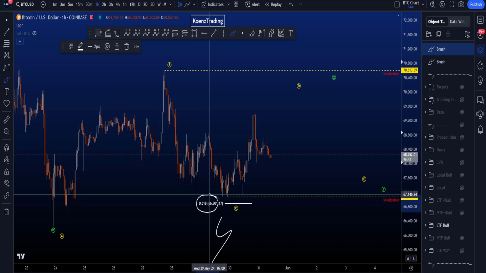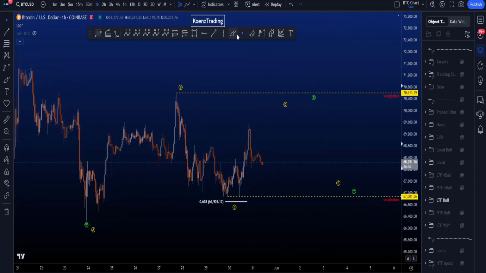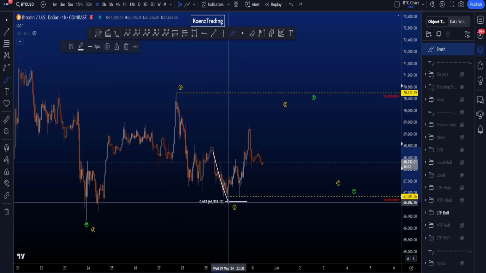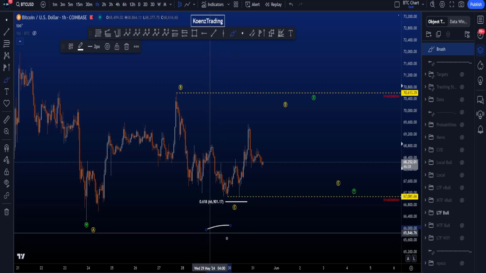Still, the 0.618 is common for Y, but it missed out on hitting the 0.618, which is also very rare for a wave Y, which does lower the probabilities a bit for a triangle, because your wave C second leg here missed out on hitting the 0.618 trend-based fib extension.